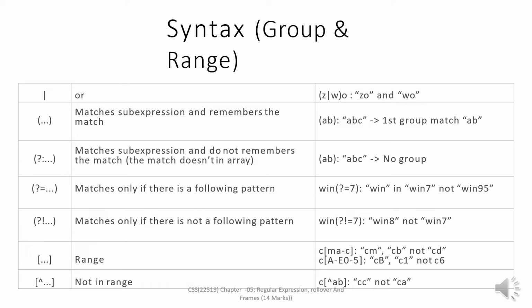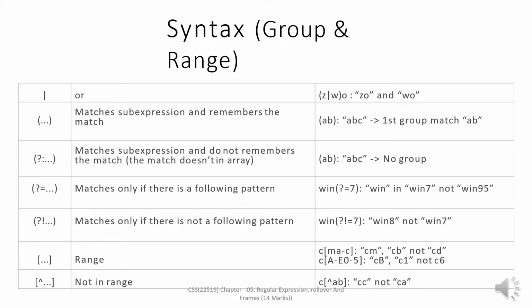Then ?= matches only if there is a following pattern, for example win(?=7) matches win in win7, not win95. Then ?! matches only if there is not a following pattern, for example win(?!7) matches win8, not win7. That is, ?= means followed by and ?! means not followed by.